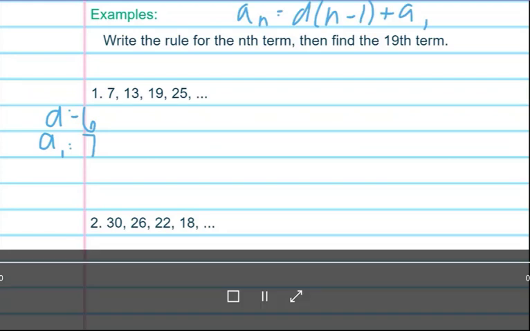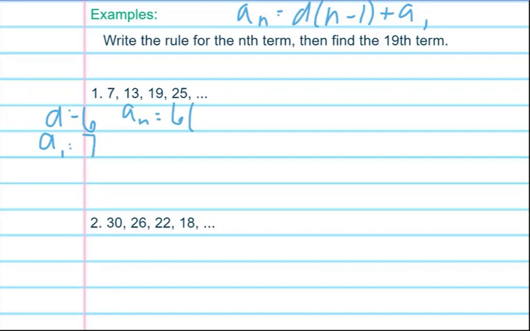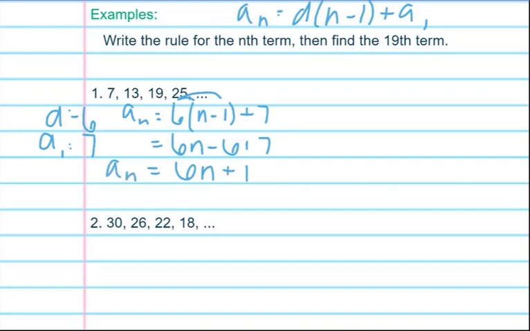I would have a sub n equals 6 times n minus 1 plus 7. And then, of course, you want to simplify, so distributing, you'd have 6n minus 6 plus 7. And then combining like terms, I have two constants. So 6n plus 1. Okay, so there is my rule.